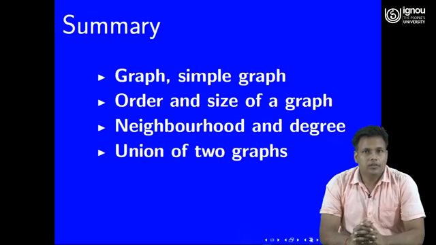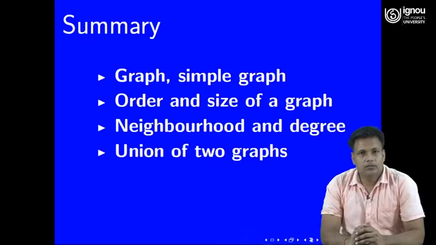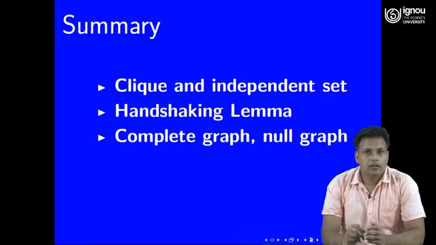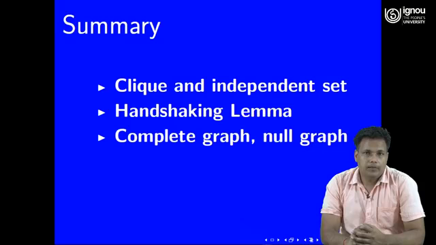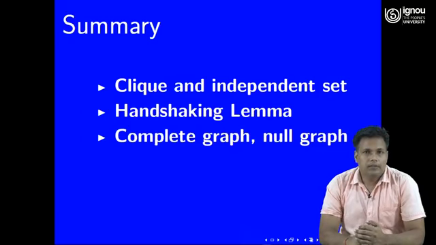For example, we have defined the simple graph, order and size of a graph, neighborhoods and degrees, how to find the union of two graphs, cliques and independent sets, and we have discussed a fundamental result, namely the handshaking lemma, and we have also looked at complete graphs and null graphs.